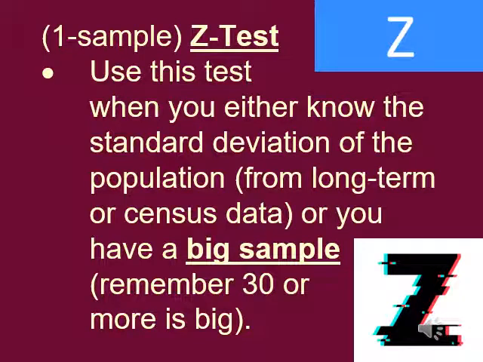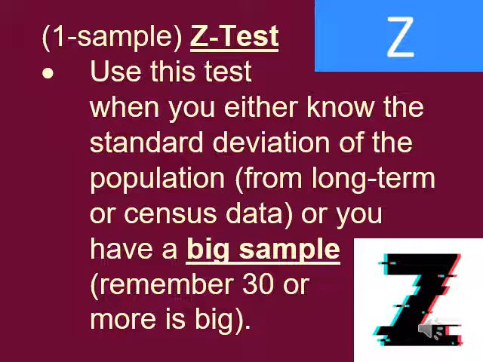The first test we're going to look at is what on your calculator is just called a z-test. It's the very first choice you'll find if you go into the test menu on your calculator. I usually call this a one-sample z-test, and that's because you're comparing the average of one sample with what the average is supposed to be.